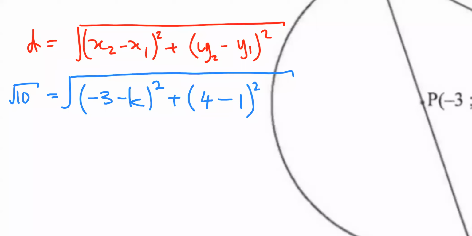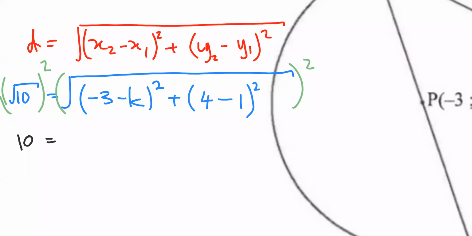Okay, Daniel, how can I go further to solve k? Because I basically have a surd equation. What can I do to get rid of the surd? So you can square both sides to cancel out the square root. Correct. So we square both sides to cancel out the square root. So we are left with 10 on the left-hand side, and then just those brackets on the right-hand side.